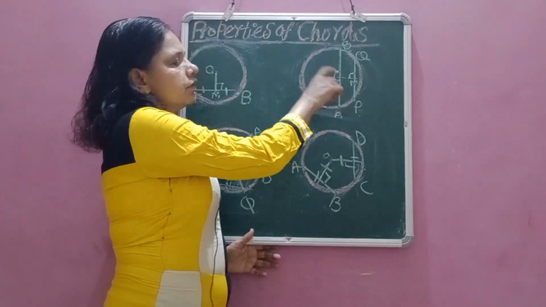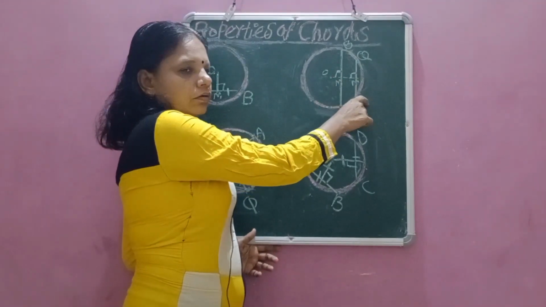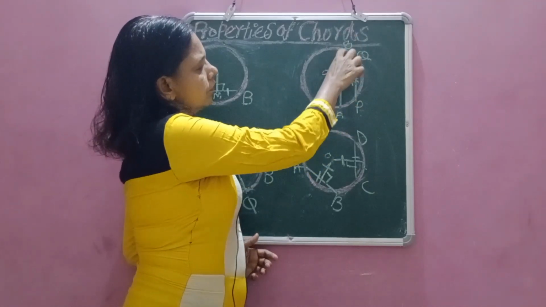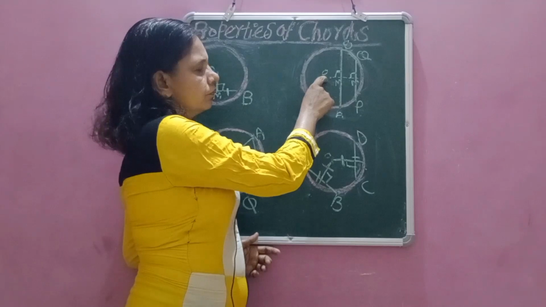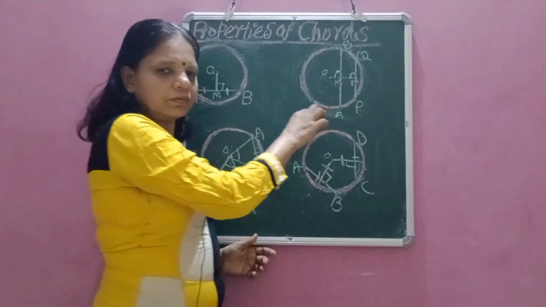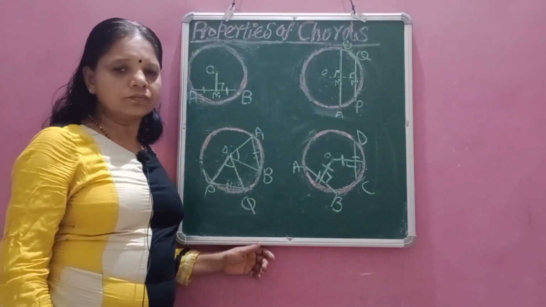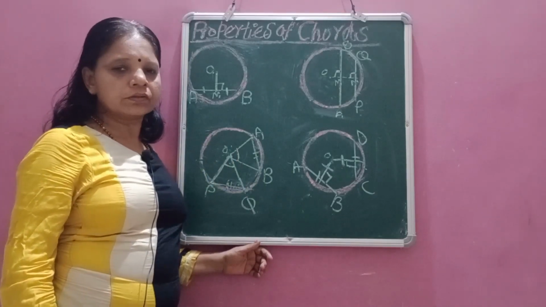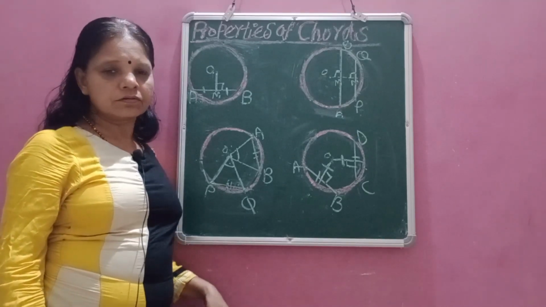The larger chord is nearer to the center than the smaller chord. Here AB is nearer to the point O than PQ. Clear? So these are the important properties of chords. More about chords you can learn in the upcoming classes.